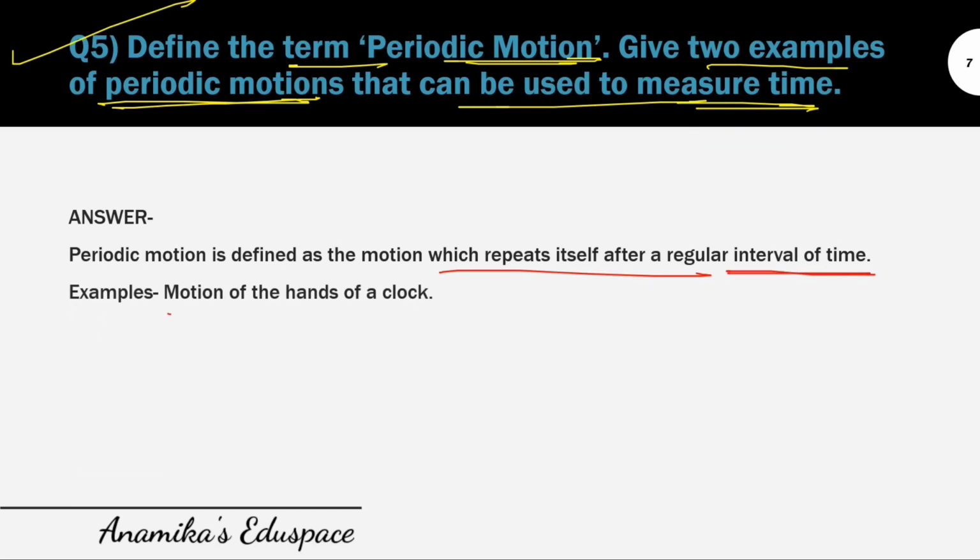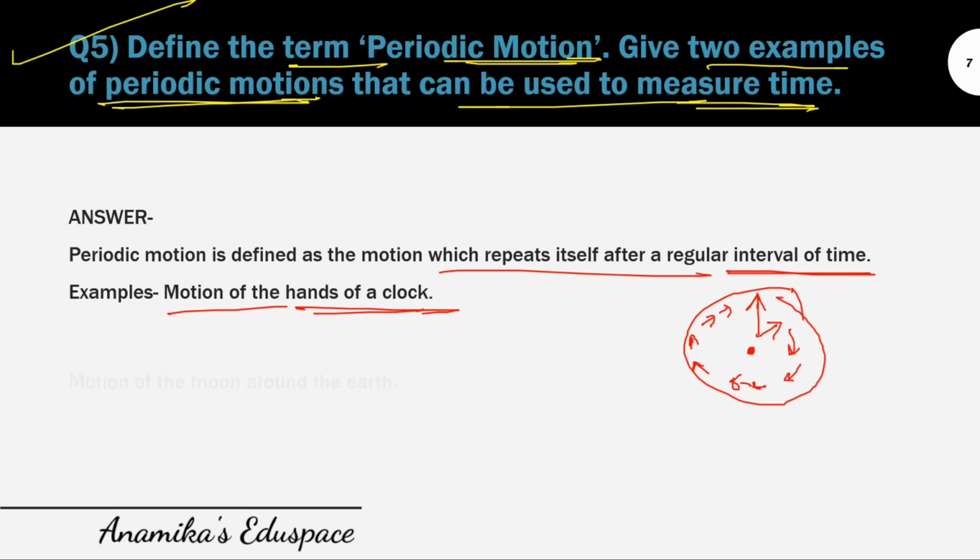And the examples will be the motion of the hands of a clock, because every time the clock repeats its motion, the minute hand moves 1 minute every regular interval, repeating its motion.